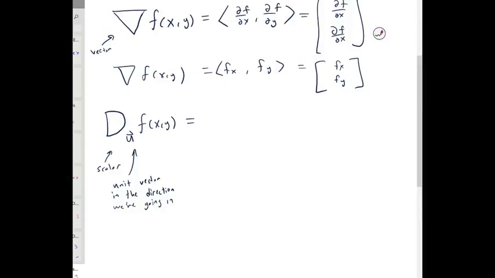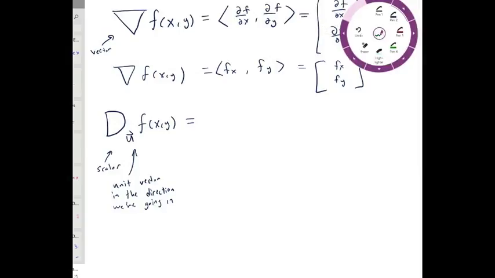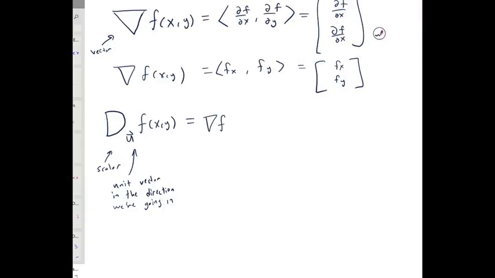So that's what u is, and f of x, y is our function that we're trying to find the rate of change of, and this is going to be the dot product between the gradient vector and our unit vector. And I'm going to write this with a hat, indicating it's a unit vector.